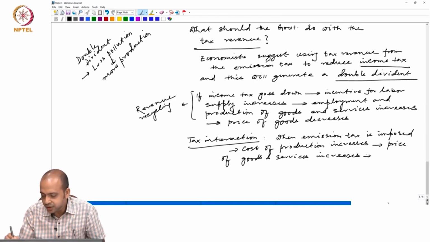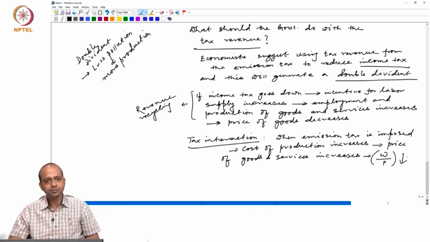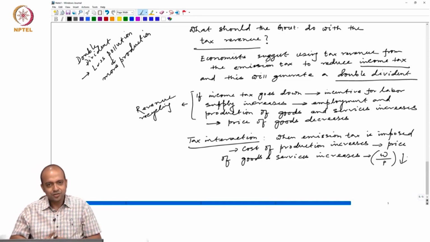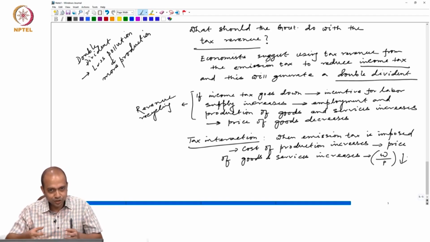And when price increases, what will happen to relative wage? That will go down. Okay? So, initially when the tax was imposed and that tax revenue was used to reduce the income tax rate, we said that that is very good for the laborer because I am earning more by supplying more labor.